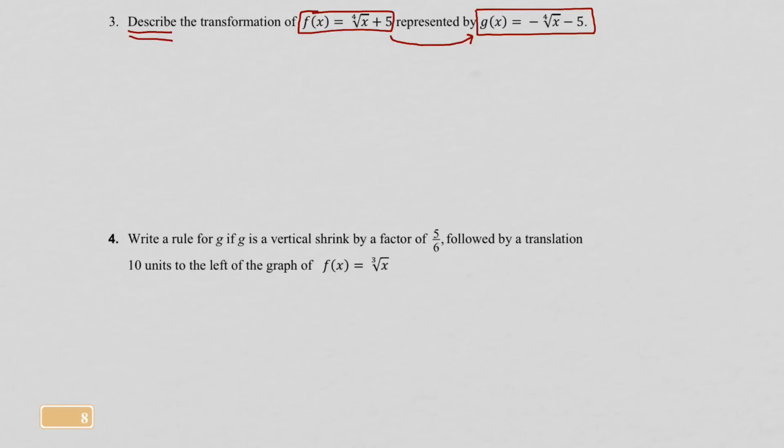Okay? So when we look at that, the first thing I notice is that this particular graph started up 5 from the origin, and this particular graph starts down 5 from the origin. And then it's also different because it has been flipped.